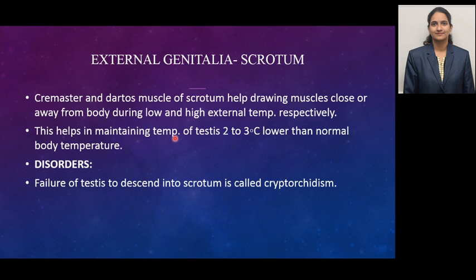It is to maintain the temperature of testes 2 to 3 degrees lower than the normal body temperature. When there is low external temperature, these dartos muscles draw the scrotum towards the body, and when there is high external temperature, these dartos muscles draw the scrotum away from the body.